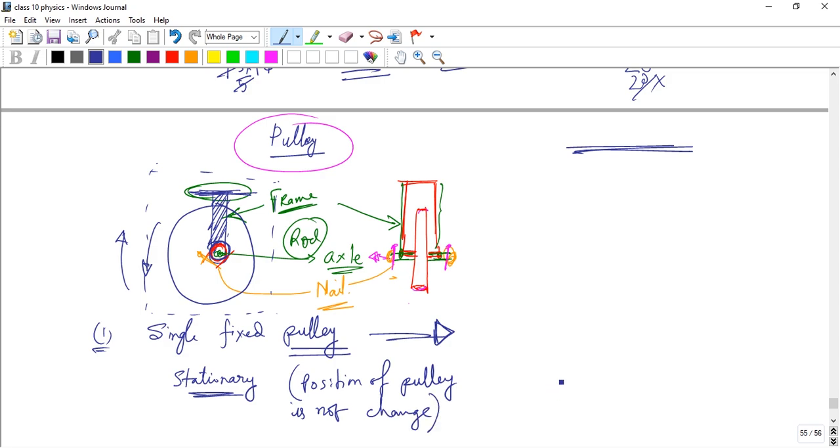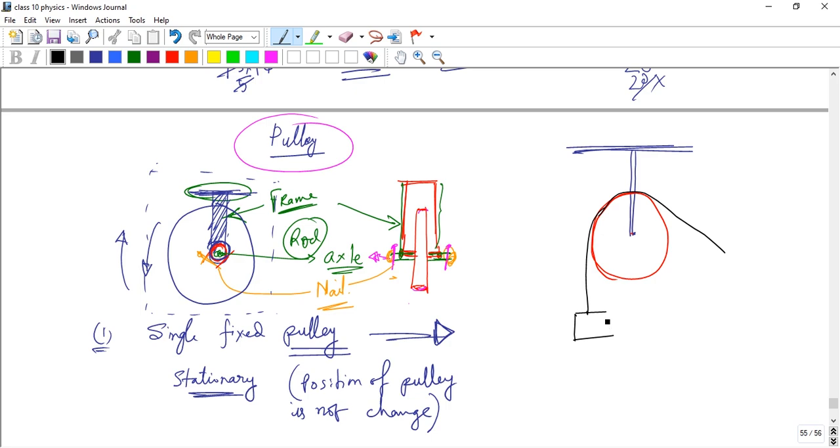So here is the frame, and that's a pulley. Now some rope passes over that pulley.